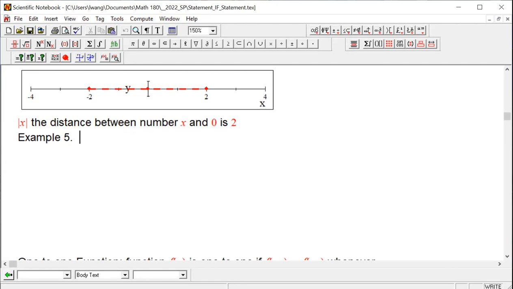For example, if I give you, say, solve 2 to the power of x equals 4. That's pretty easy. I think that's too easy. But we start from easy.